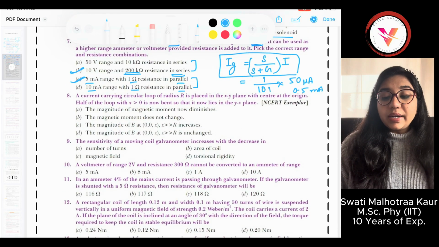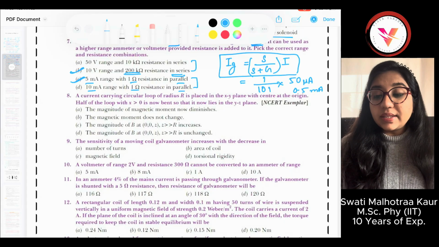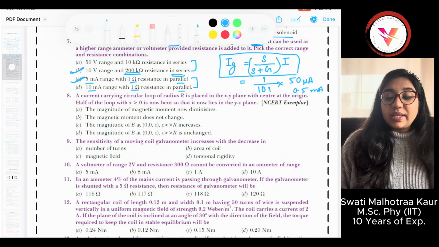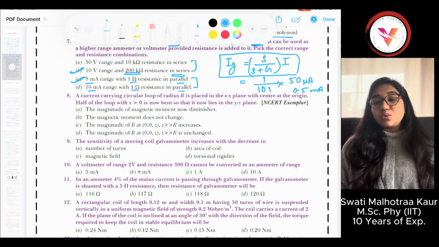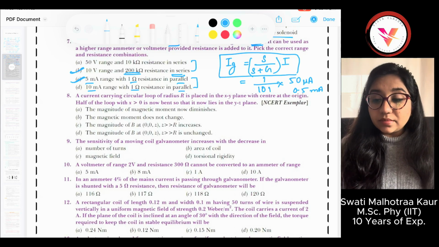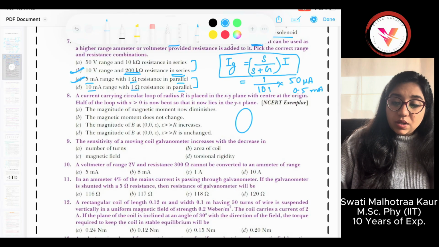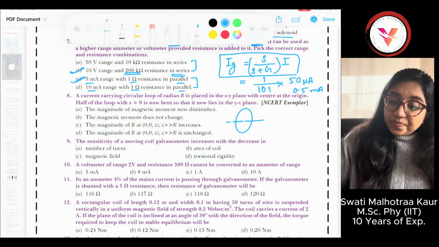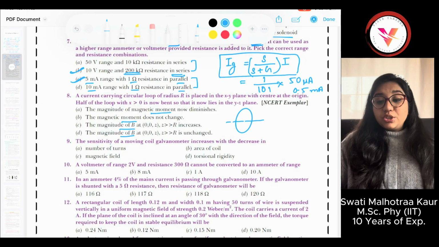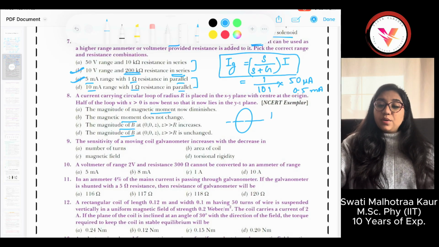Next, a current carrying circular loop of radius r is placed in the xy plane with center at the origin. Half of the loop with x greater than 0 is now bent so that it now lies in the yz plane. Okay, so you have a loop, and it is divided like this. They have asked about the magnetic moment. So just remember, the magnetic moment M equals IA.